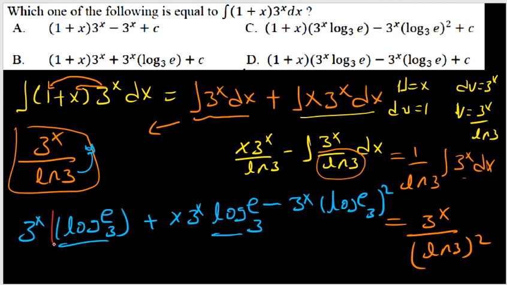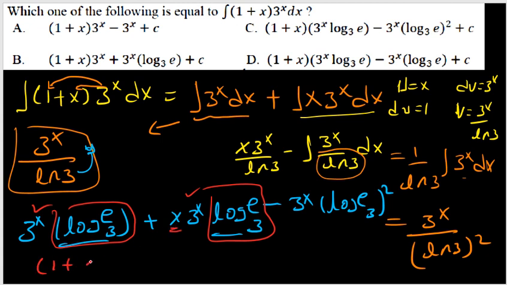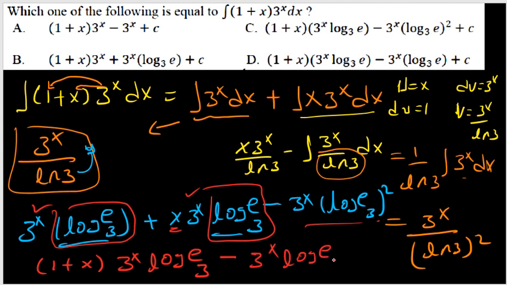We can take out 3 to the power of x, which is also common, so when you take it out, what remains? Nothing remains at the beginning, so 1 plus just x remains. Then as a common, 3 to the power of x logarithm of e to the base 3 minus the last part as it is, right? 3 to the power of x logarithm of e to the base 3 squared plus c will be the answer.